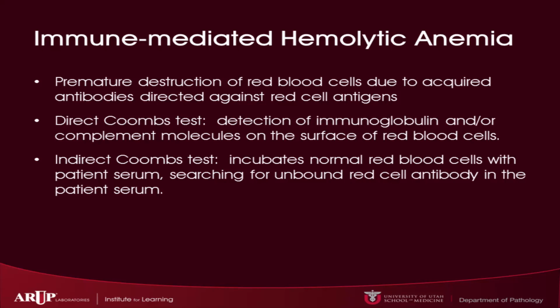So these are the basic tests which tell us whether autoantibodies are present in the patient's circulation, and if they are present, whether they are attached to the red blood cells or freely circulating in the serum.